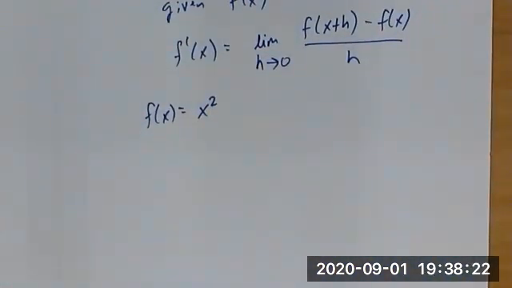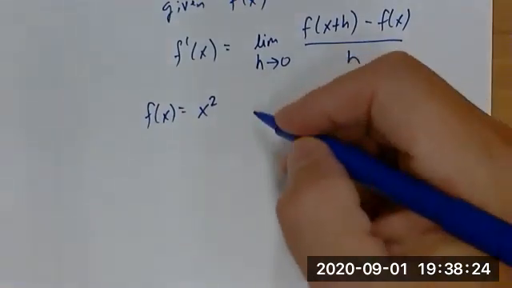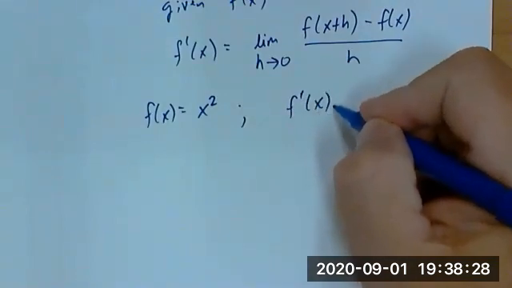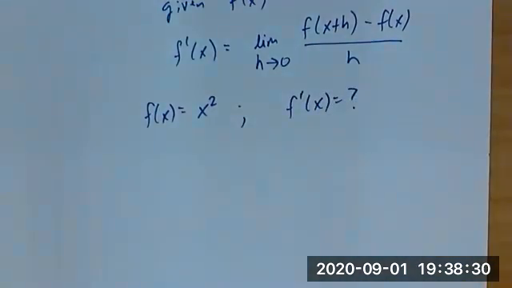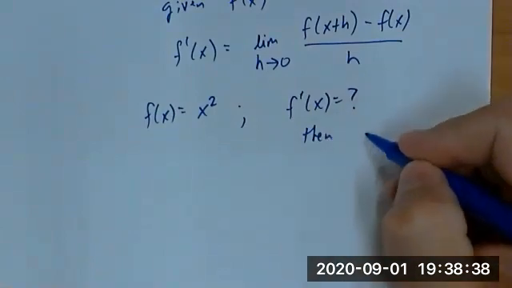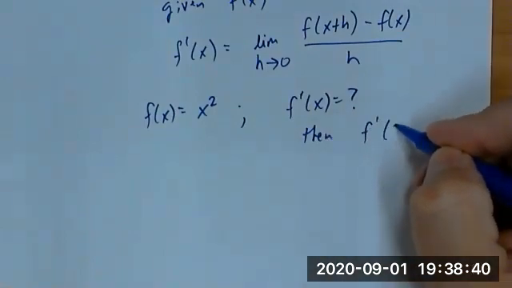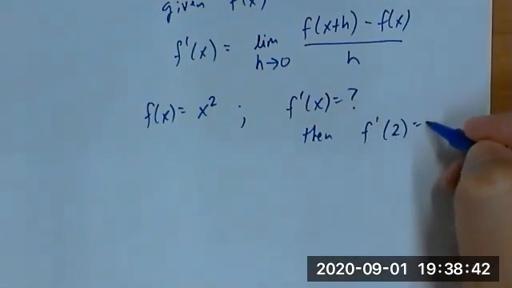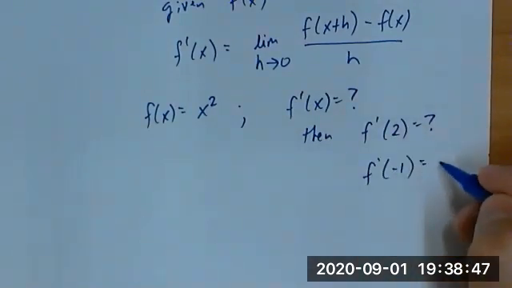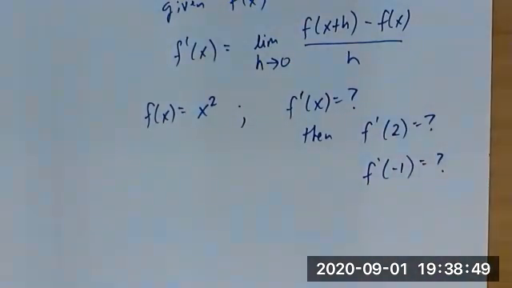We have the function x squared, we want to calculate the derivative, and then once you calculate the derivative, just for fun, we'll ask to find the slope or the derivative at these values of x.